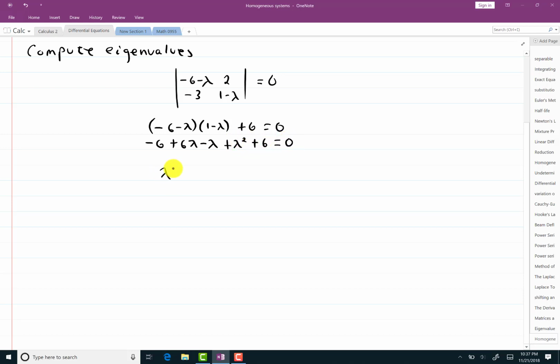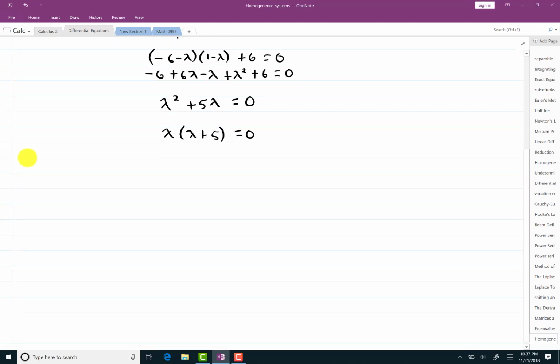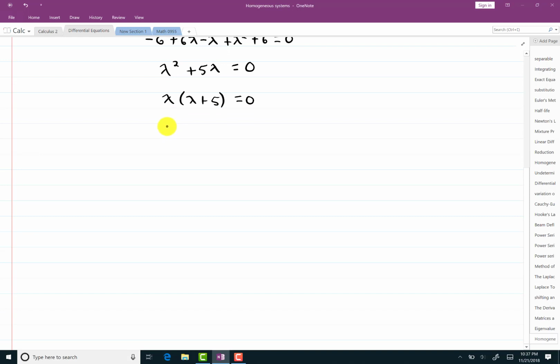Let me go ahead and organize some things here. Lambda squared, looks like I have plus 5 lambda, and the 6's cancel. So I have lambda times lambda plus 5 is equal to 0. Or in other words, lambda equals 0 and lambda equals negative 5.